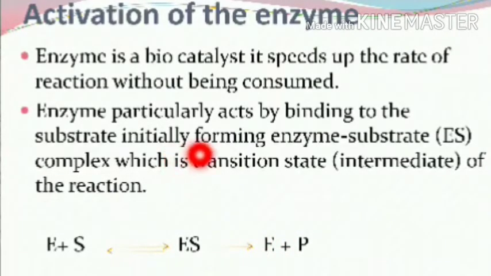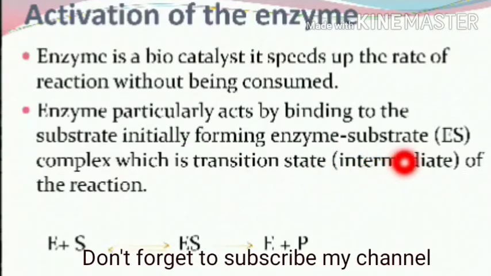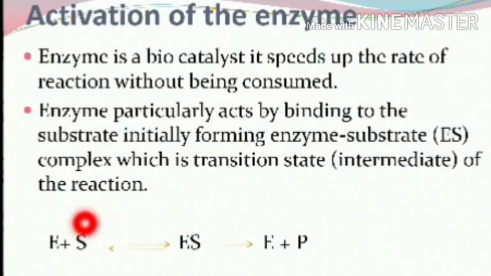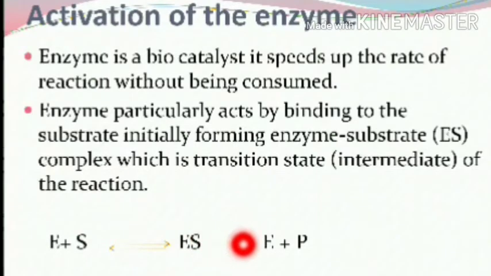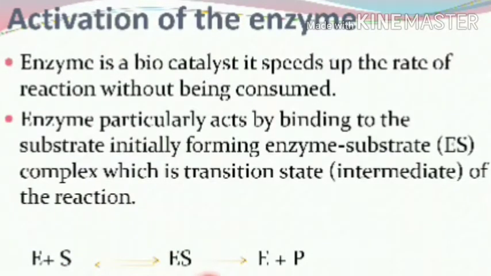The enzyme particularly acts by binding to the substrate initially, forming the enzyme substrate complex, which is the transition state of the reaction. So direct conversion of substrate into product is not there. First of all, the enzyme specifically binds to the substrate and forms the ES complex.